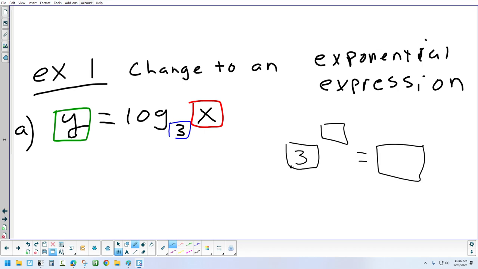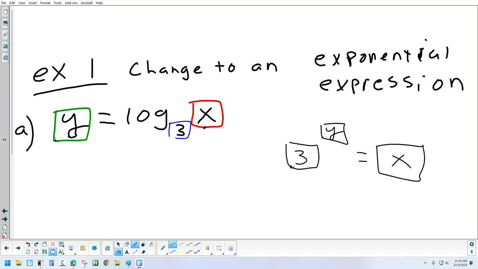Logarithm always equals what kind of number? Exponent. So the box in green, that is your exponent. And what do we call the x? The argument. And where does it end up? All by itself. And that's it. That's the answer.